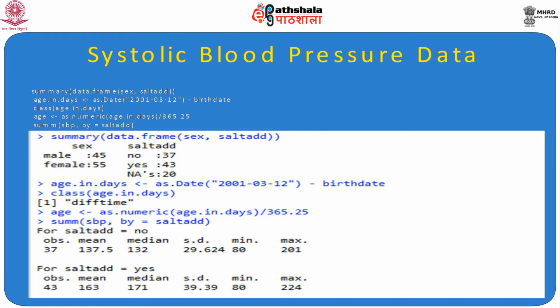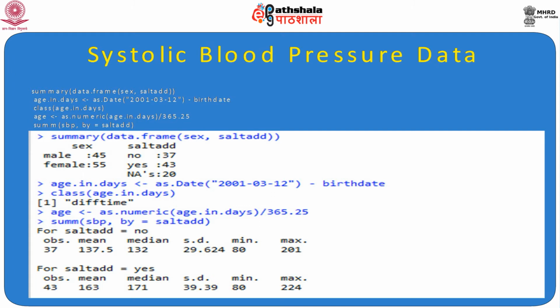Now for age, we converted into age in days with the function as.Date 2001/3/12 minus birth date, and as.numeric of age in days is converted into years.